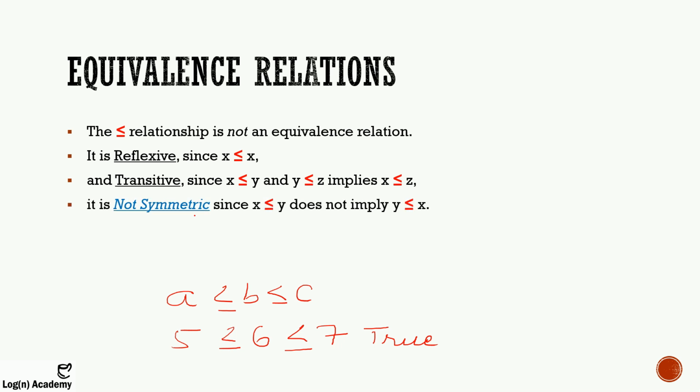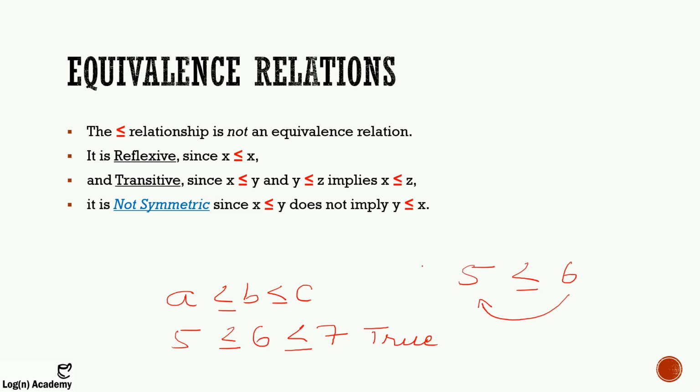Now, what about symmetry? It is not symmetric since x less than or equal to y does not imply that y is less than or equal to x. So let's take the same example. 5 is less than or equal to 6. But if we reverse this, the symmetry property will not be true, because 6 is not less than 5 and 6 is also not equal to 5.